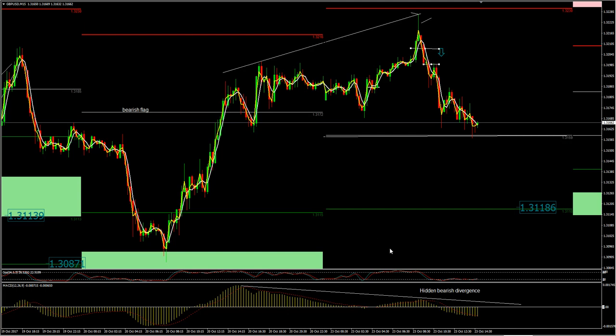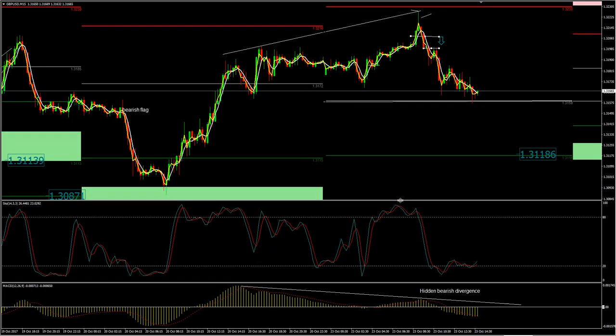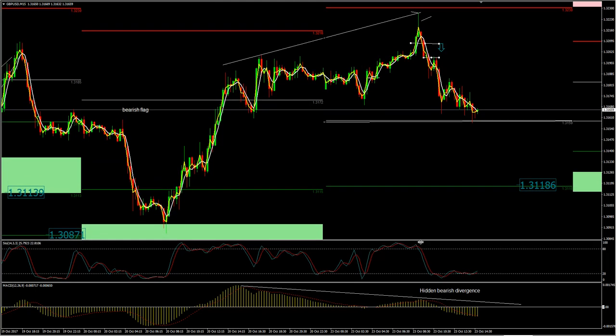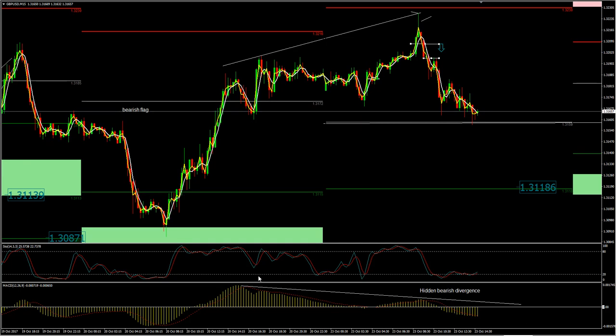We got the stochastic as well, as you see here. I will zoom you in. The stochastic showed overbought conditions on the intraday perspective. We got a hidden bearish divergence, looking back at Friday and today's action. So a pretty good, strong understanding of what's actually happening here.